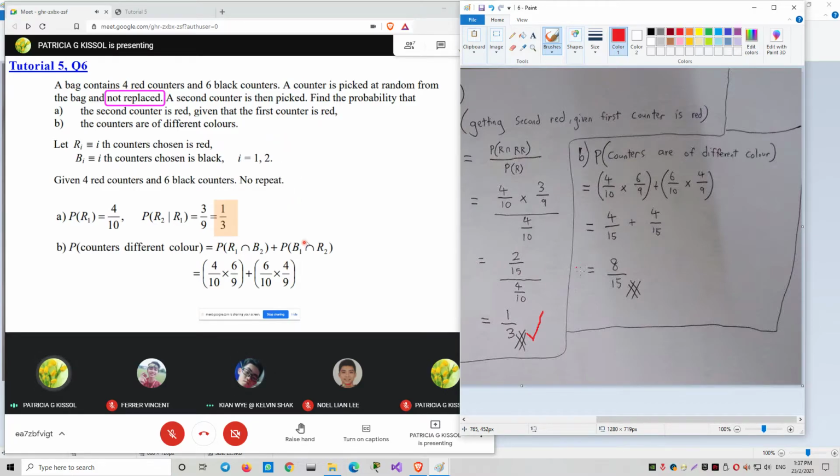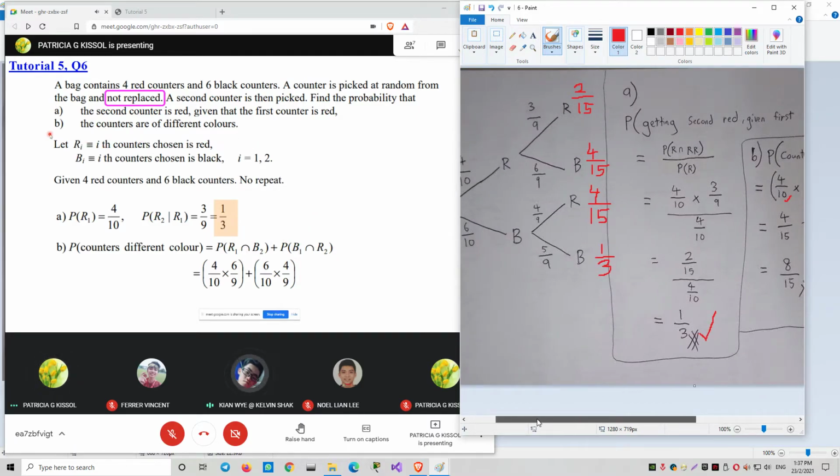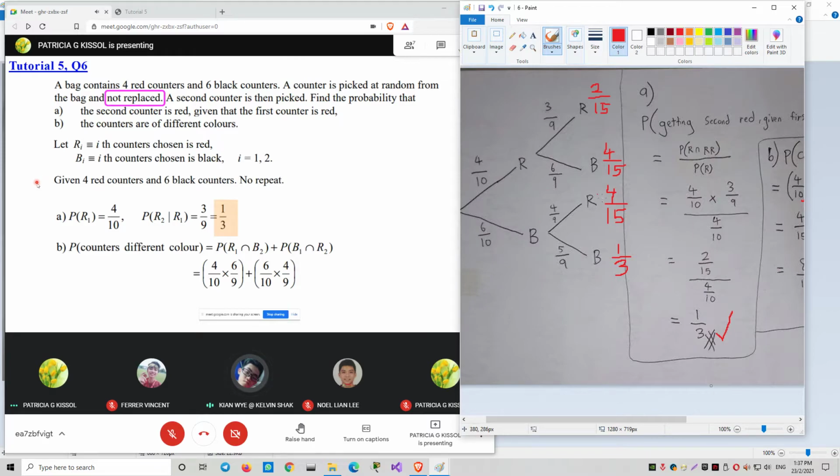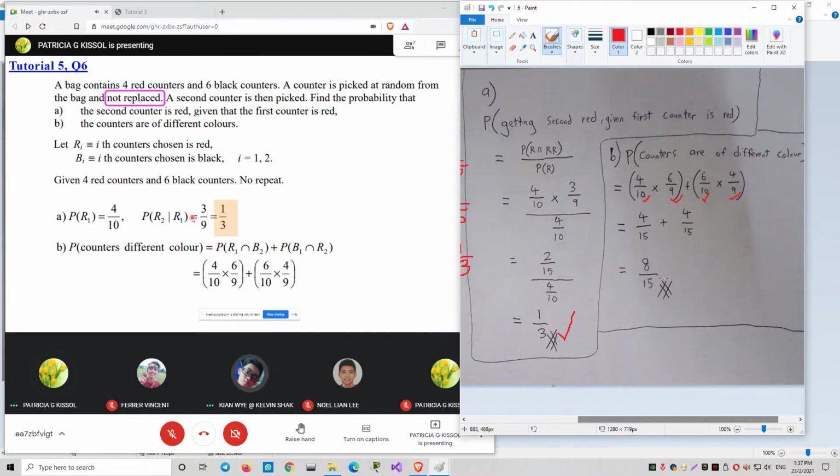But of course I would expect your own way of writing, how you present or show that the probability of the first one is red and the second one is black. This is a good way to show it.